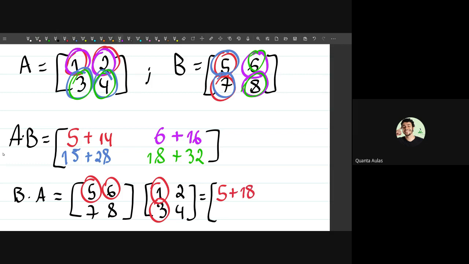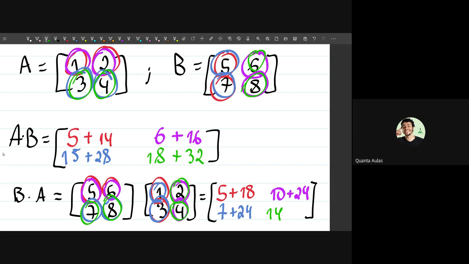Okay, let's go to the other one. 5 times 2, 10. 6 times 4, 24. Let's close the matrix. Second line. 7 times 1, 7. 8 times 3, 24. And the last one, 7 times 2, 14. And 8 times 4, 32.